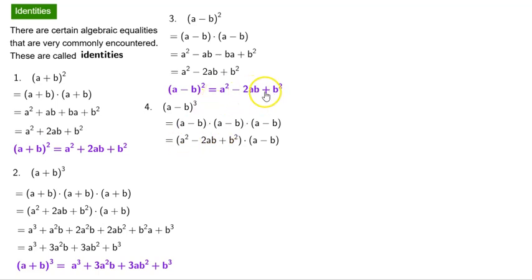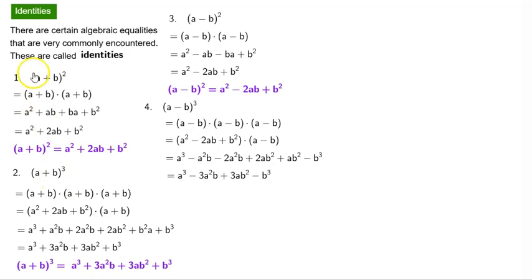So A square minus 2AB plus B square times A minus B. Distributing, we get A cube minus A square B minus 2A square B plus 2AB square plus AB square minus B cube. Simplifying it, A cube minus 3A square B plus 3AB square minus B cube.